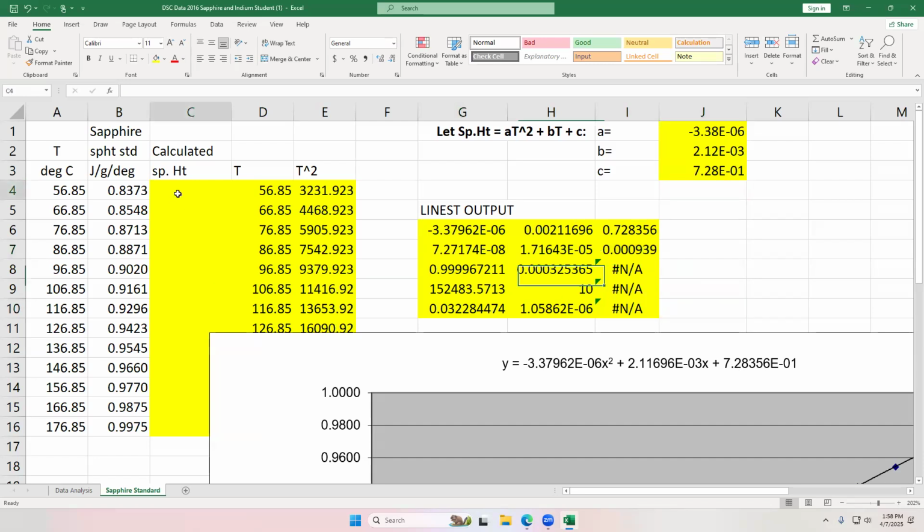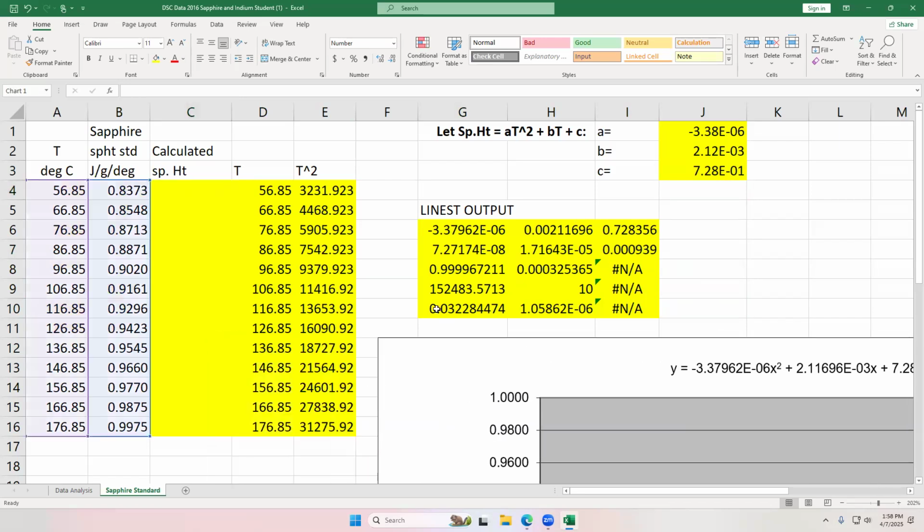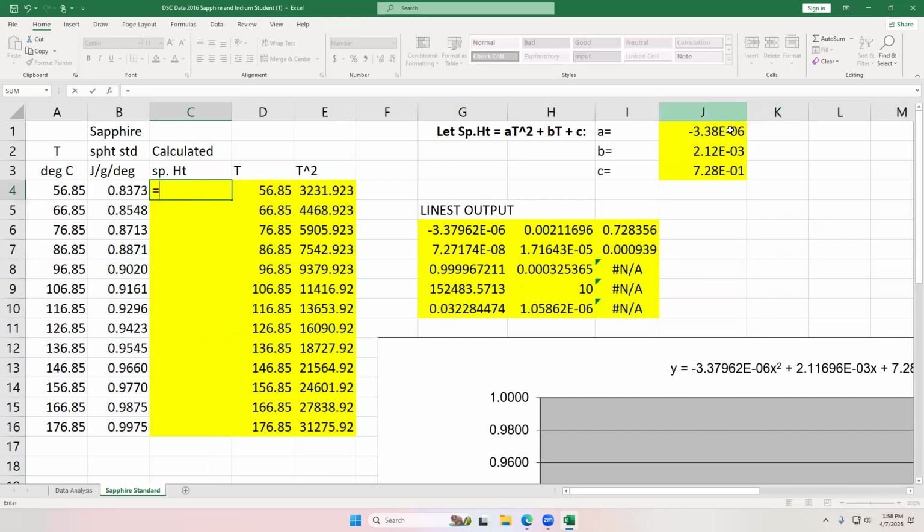So let's calculate our specific heat for 56.85. Let's just make sure that these are consistent. How do I calculate this? This is equal to A, with a dollar sign on it because when I copy it, I want it to stay as J1, right? Times t squared.